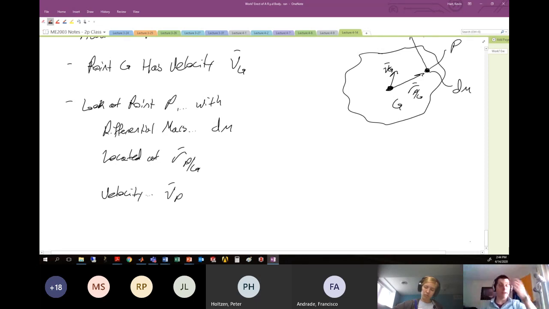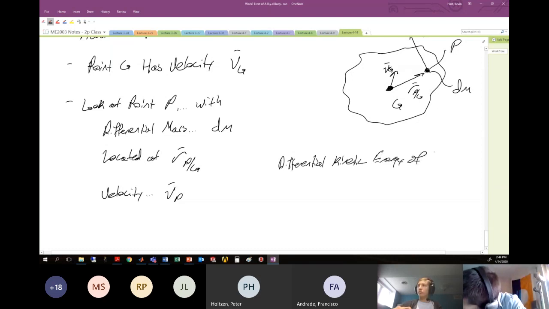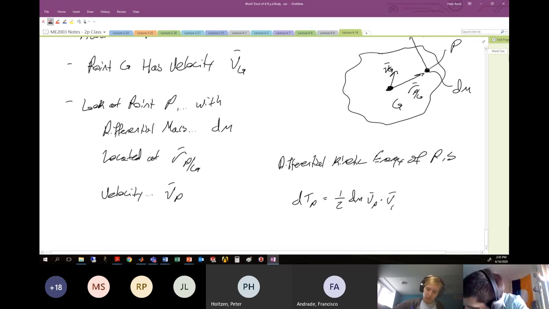All right. So with that information, we can define what is the differential kinetic energy at that particular point using our more formal mathematical definition. So the differential kinetic energy of P is, using our formal definition, we'll say that the differential kinetic energy of point P is 1/2 the mass, which here is the small mass dm, and then the velocity of P dot P. So Vp dot Vp.